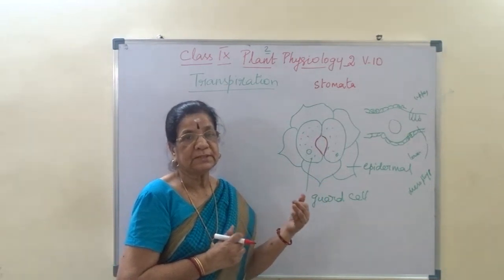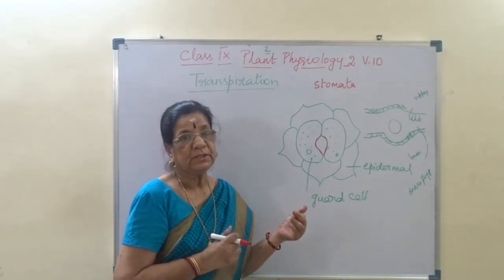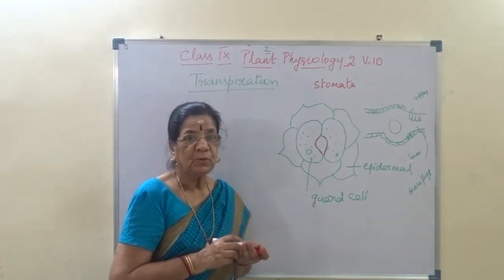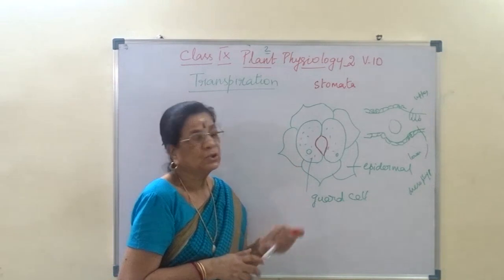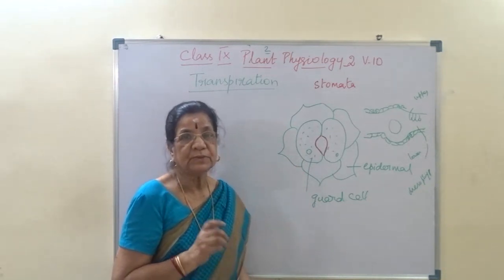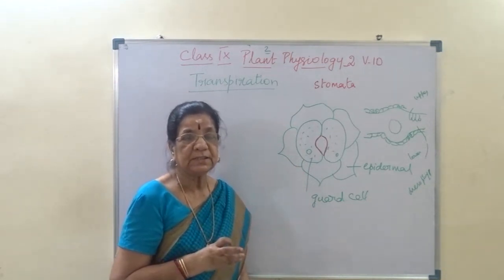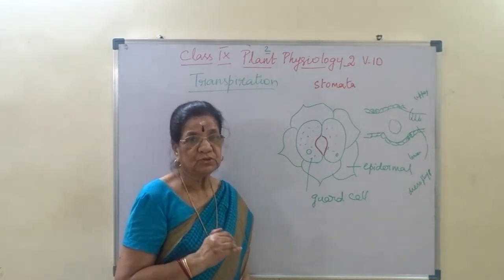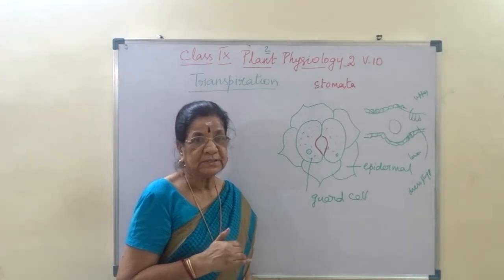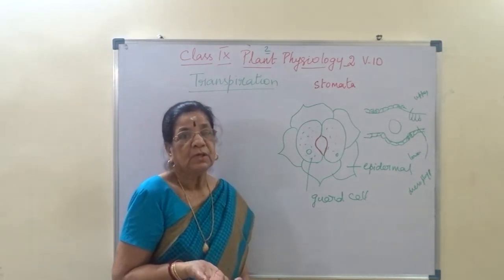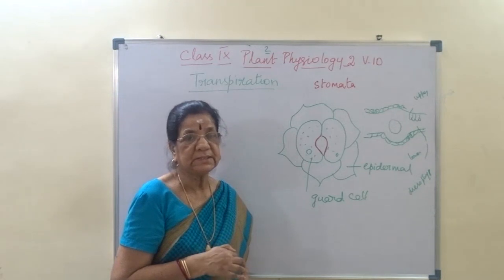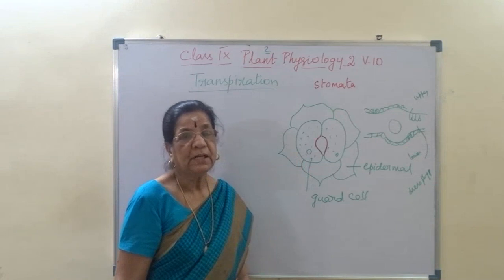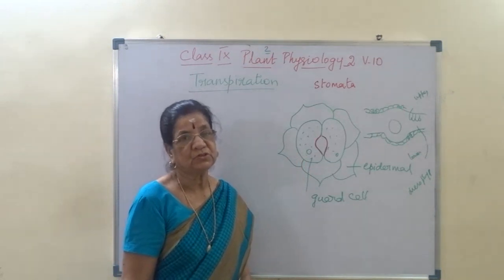Evaporation of water is taking place. So stomata is doing two major functions. One is evaporation of water through the guard cells, and exchange of gases for respiration and photosynthesis. For photosynthesis, carbon dioxide is taken in, oxygen given out. For respiration, oxygen is taken in, carbon dioxide is given out. That is done by the opening and closing of stomata.